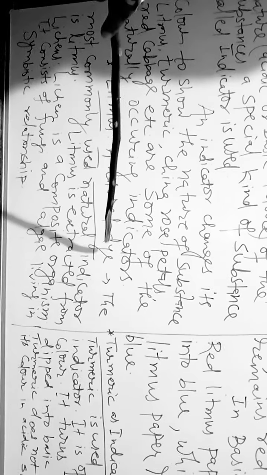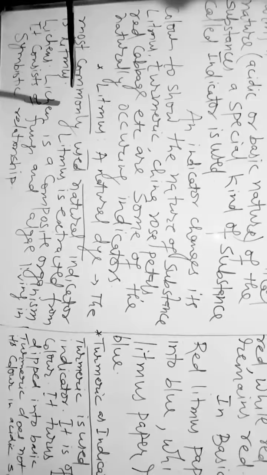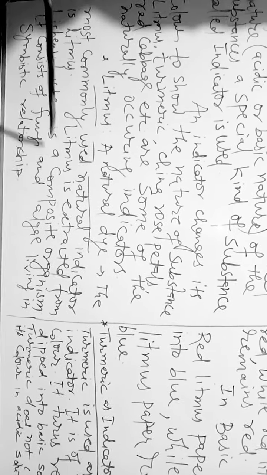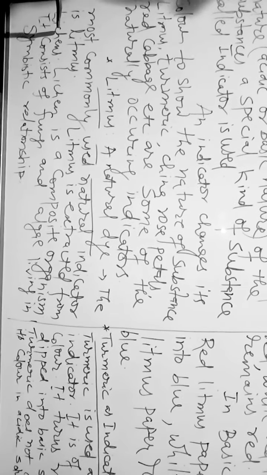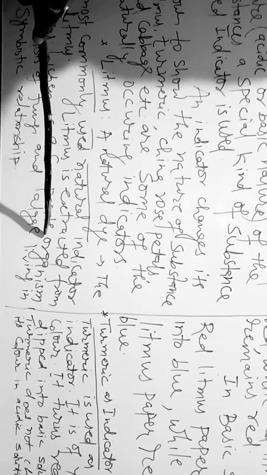Number 1, litmus, a natural dye. The most commonly used natural indicator is litmus. Litmus is extracted from lichens. Lichen is a composite organism.